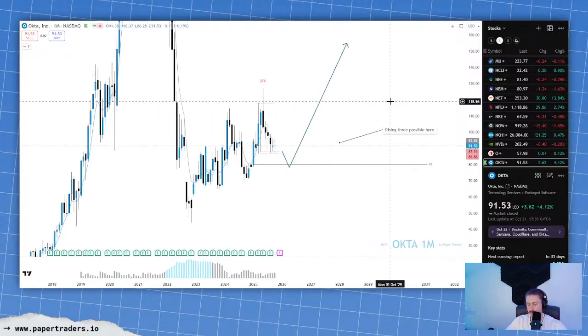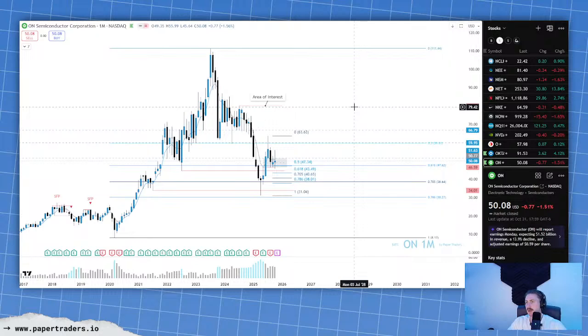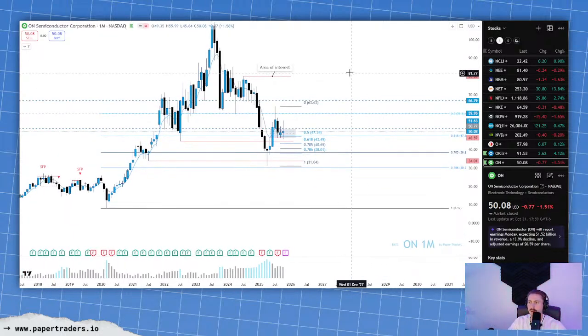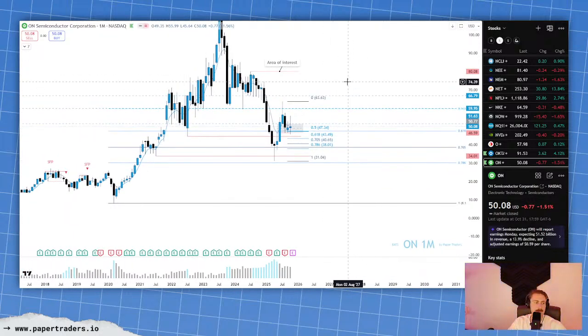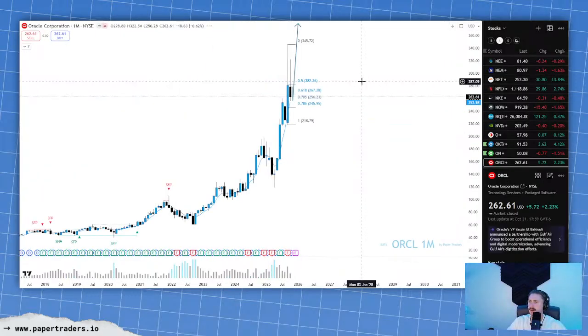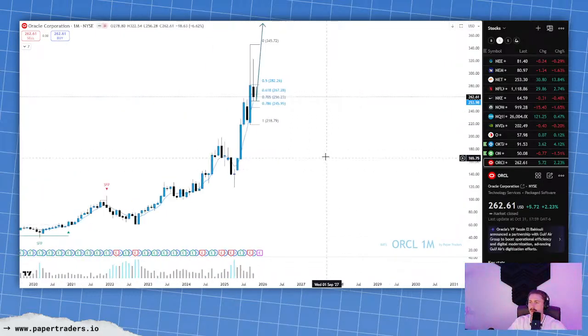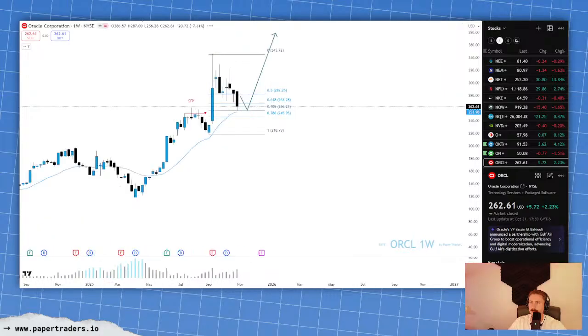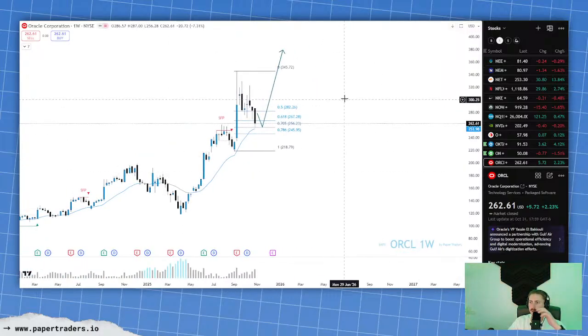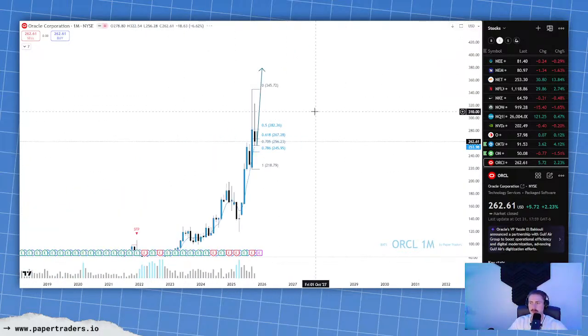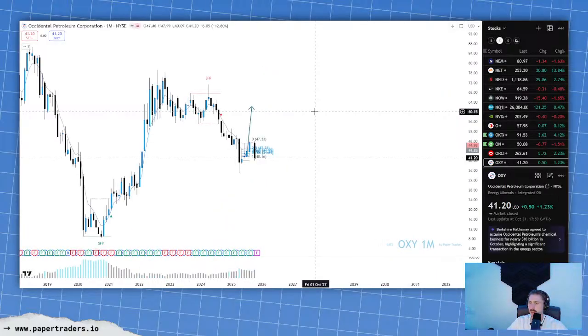Monthly looks good. Okta, outside month. One's decent. Oracle, they can bounce from here if they want. Yeah, the weekly looks good. I like the way that weekly looks on Oracle. Oxy.